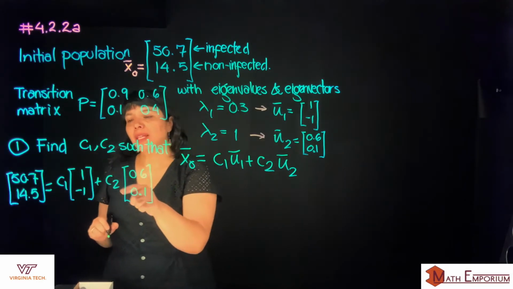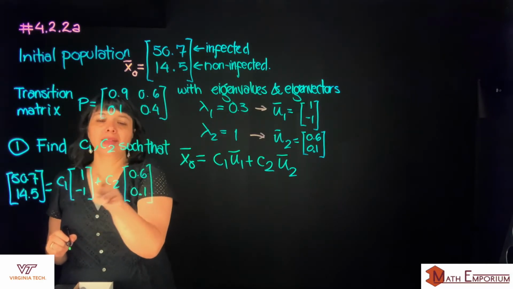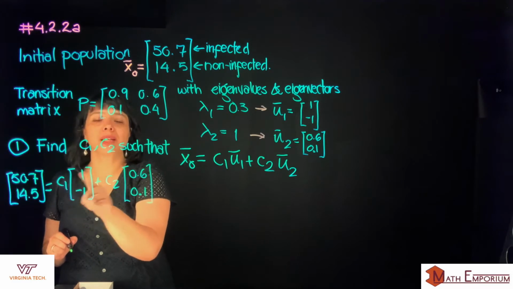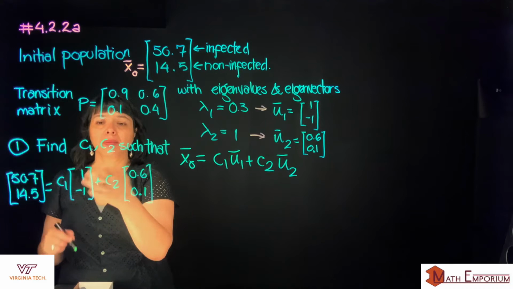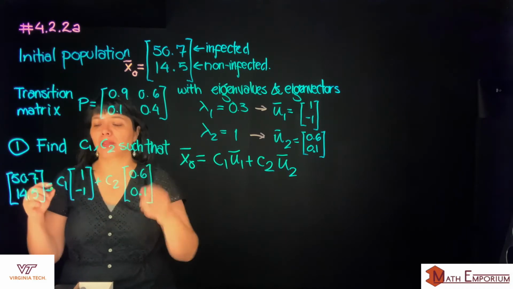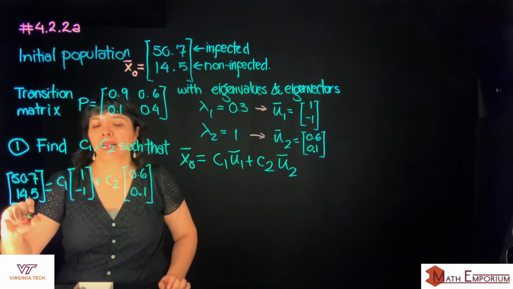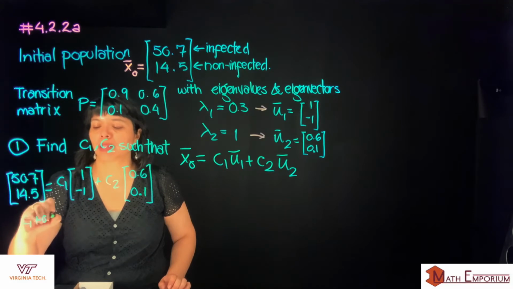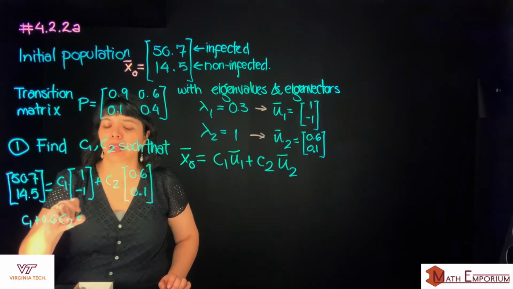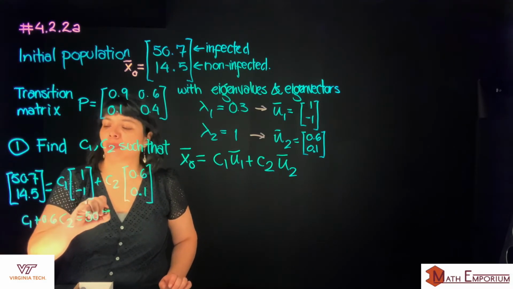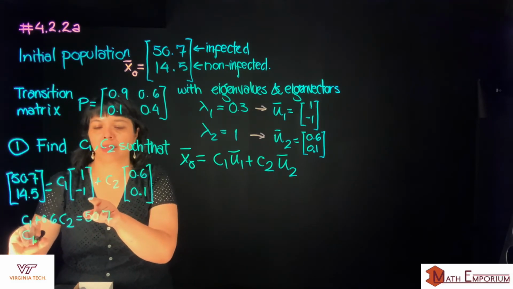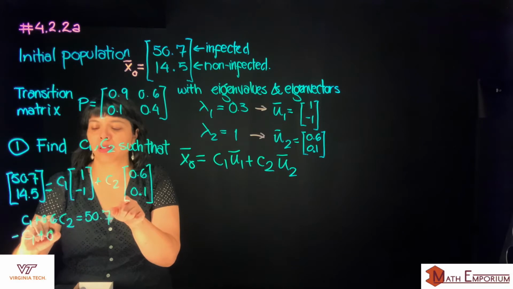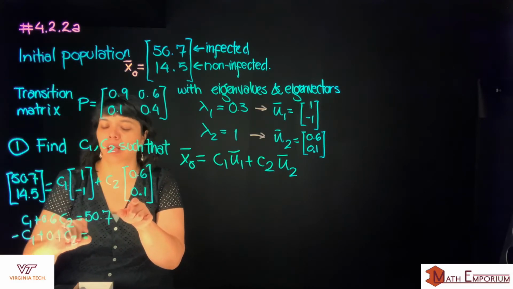So that means that because these are unknowns, we can convert those into variables, and out of this I will build a system of equations, right? So the system of equations is c1 plus 0.6 c2 equals 50.7, and negative c1 plus 0.1 c2 equals 14.5.